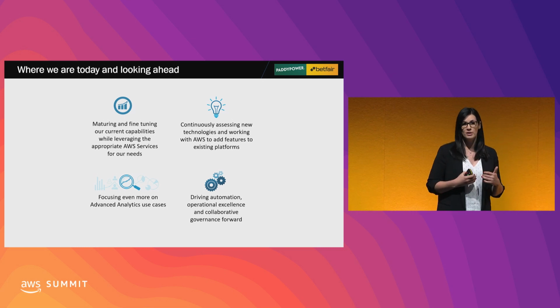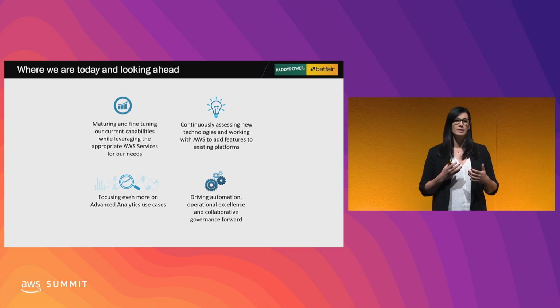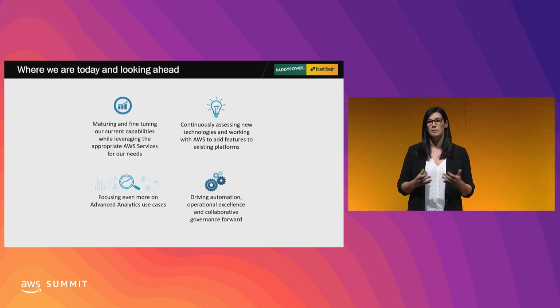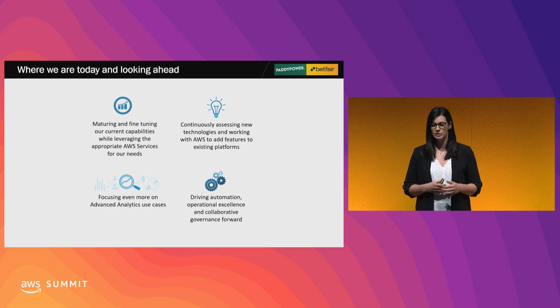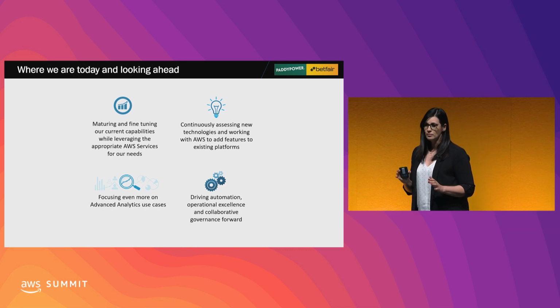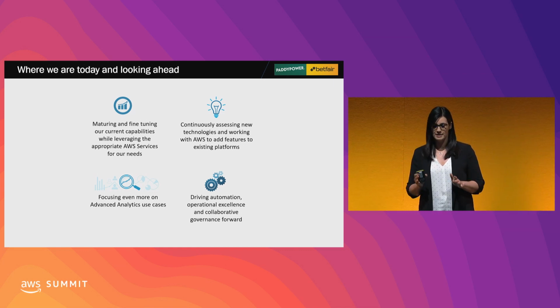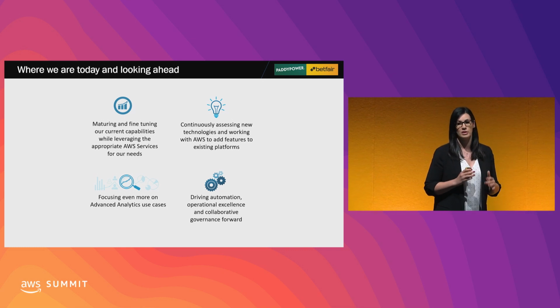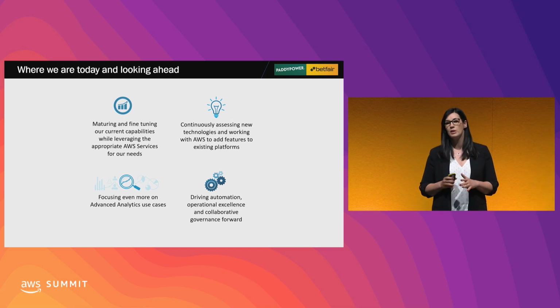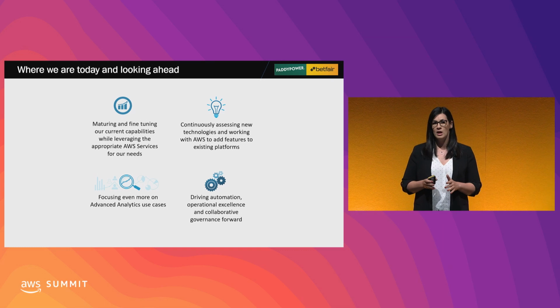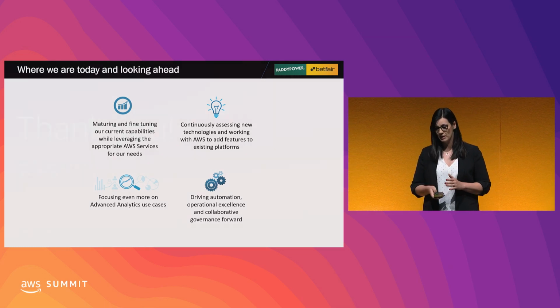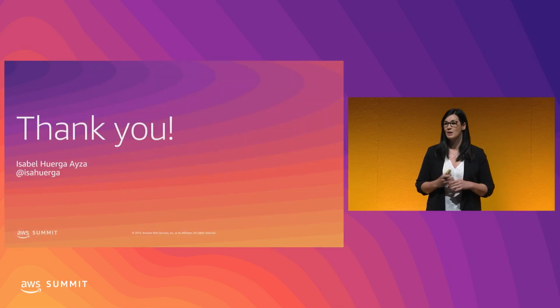We will continue to focus on making use of the combined data sets for advanced analytics use cases, and the automation, operational excellence, and collaborative governance with our stakeholders is something that we're going to continuously do.